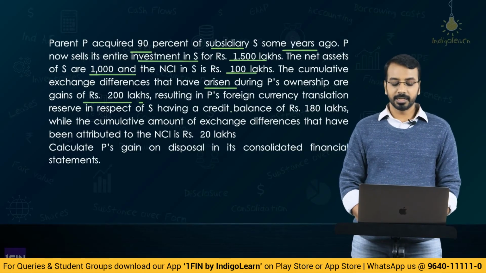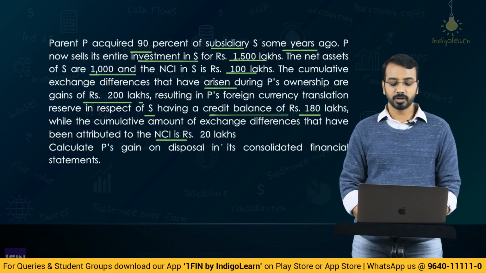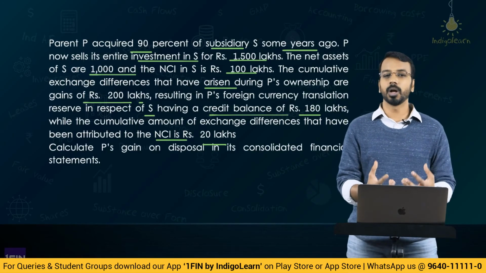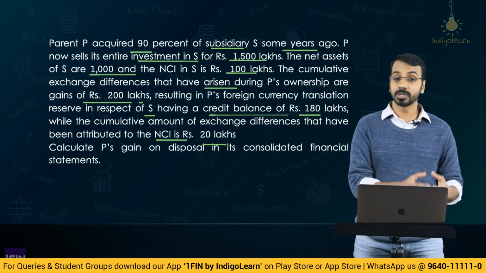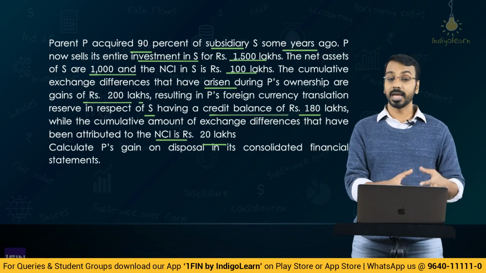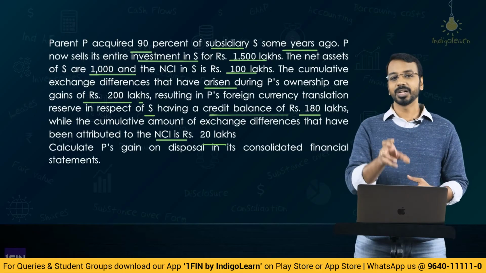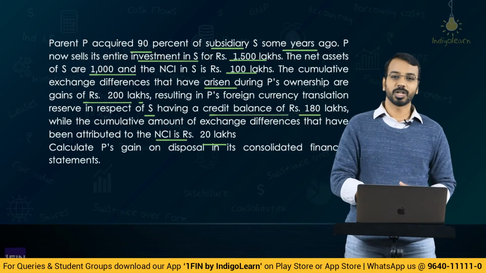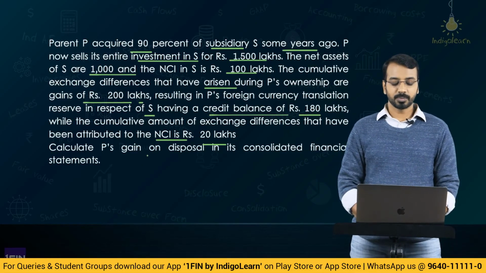So, this has resulted in P's foreign currency translation reserve in respect of S having a credit balance of 180 lakhs, with the cumulative amount of exchange differences attributed to the NCI at 20 lakhs. So, out of 200, 180 is in the owner's OCI, other comprehensive income balance, and 20 is attributable to the non-controlling interest. Calculate P's gain on disposal in its consolidated financial statement.